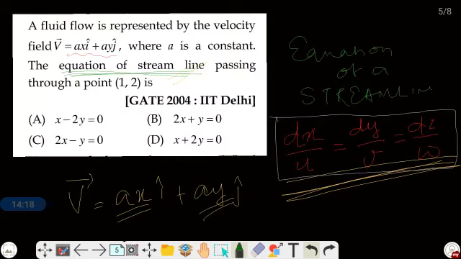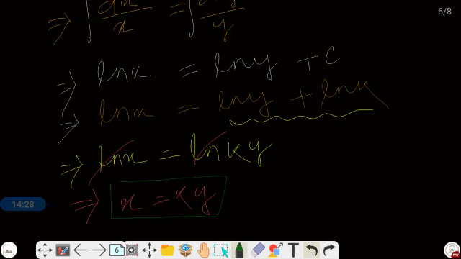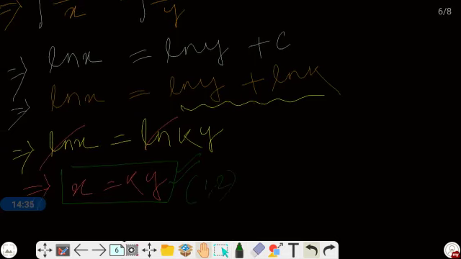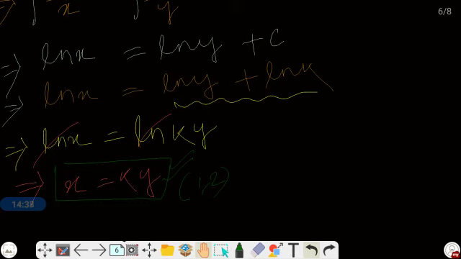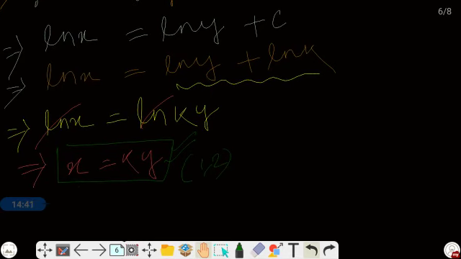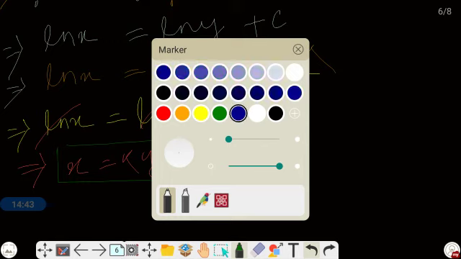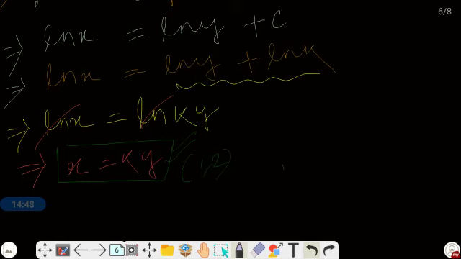In the question it has said that the streamline must pass through the point 1, 2. So my equation must satisfy the point 1 comma 2. If I put the point in my equation, it will come as 1 is equal to k into 2, yes or no?